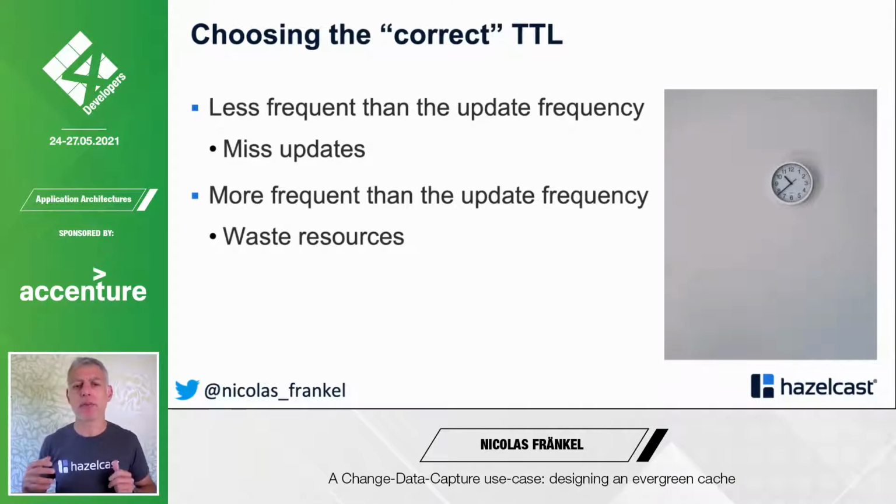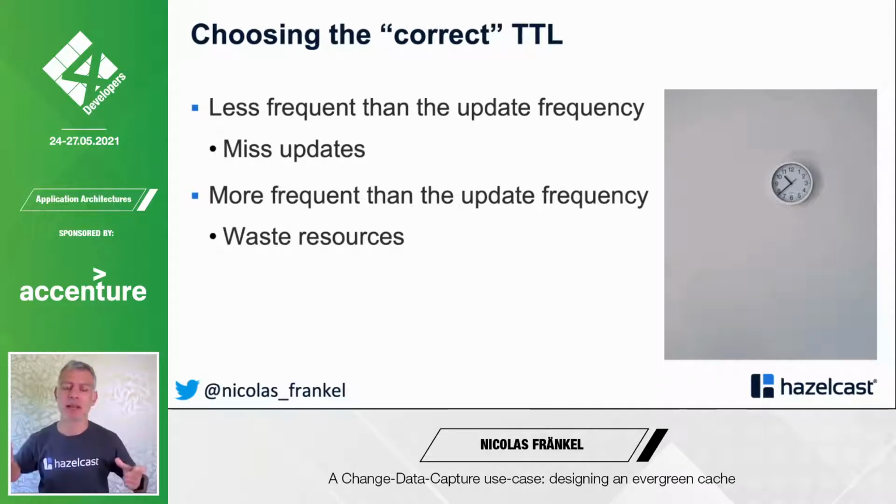Now, if our time to live is 2 hours, that means that if we start at the same time, after 1 hour, the batch will run, it will update the reference table, and during the remaining hour, our cache will still be valid, and we will be returning stale data. So we will miss this update.